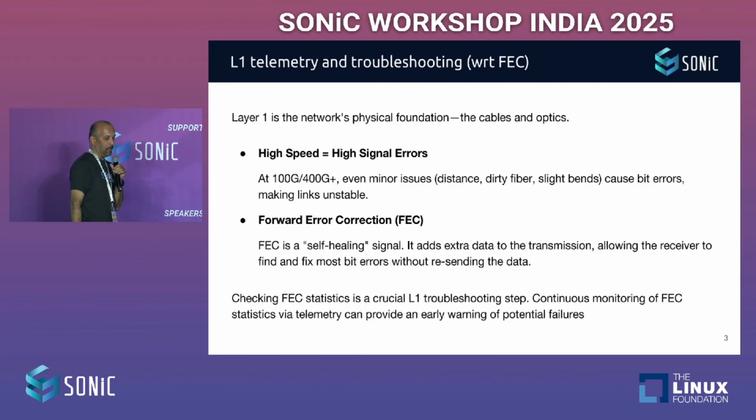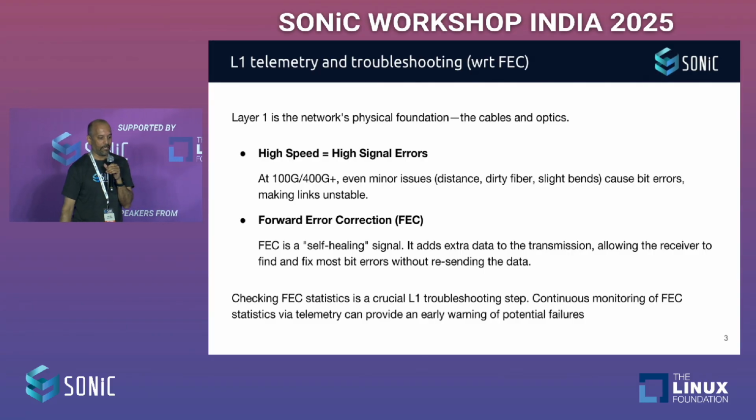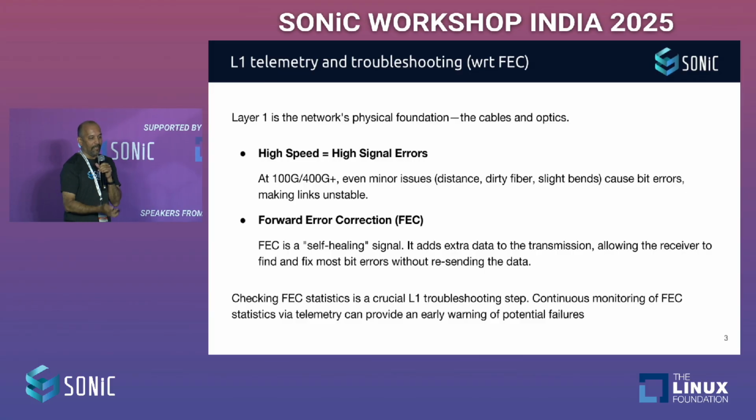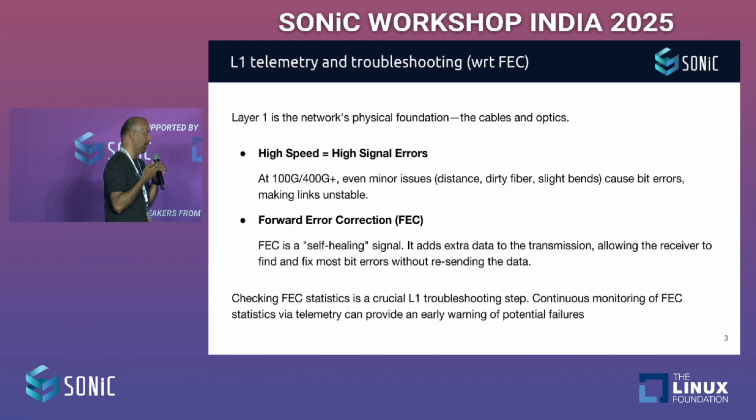One option, a standard one, is FEC, forward error correction, which automatically corrects some of the bits. Checking the FEC statistics is important from the L1 troubleshooting perspective. Continuous monitoring of it will give you an idea whether the link is going down or is stable.